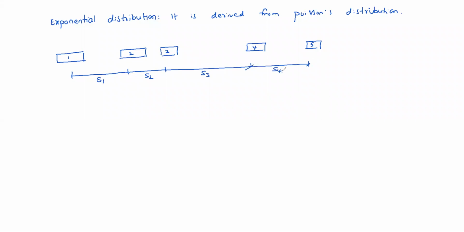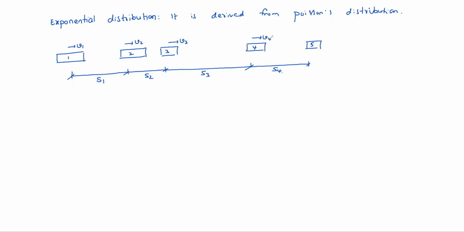So if 5 vehicles are there, how many gaps are there? 4 gaps are there. Based on the speed of the vehicle at a given moment, let us assume this vehicle is moving with V1 speed, this is V2 speed, this is going with V3 speed, this is going with V4 speed.